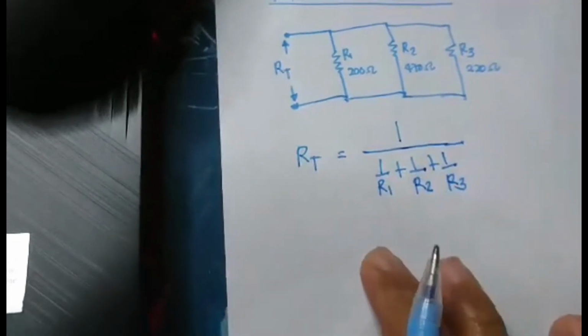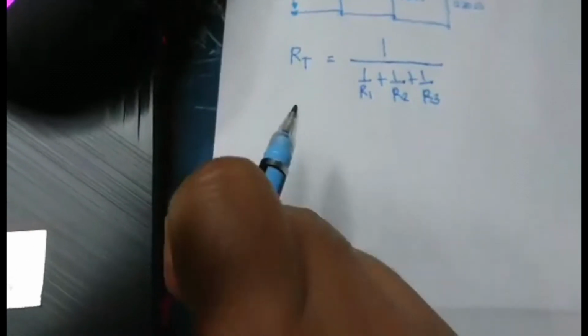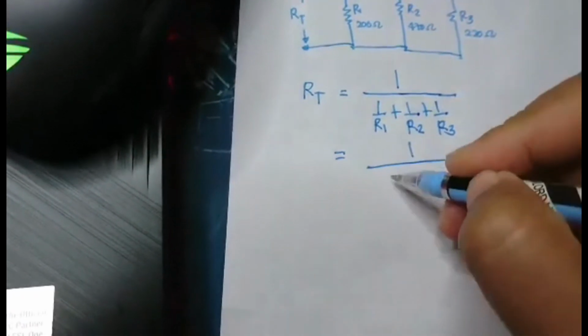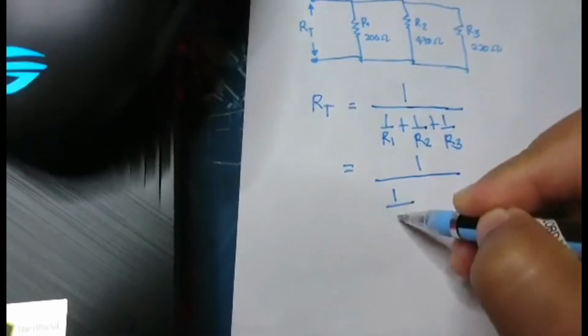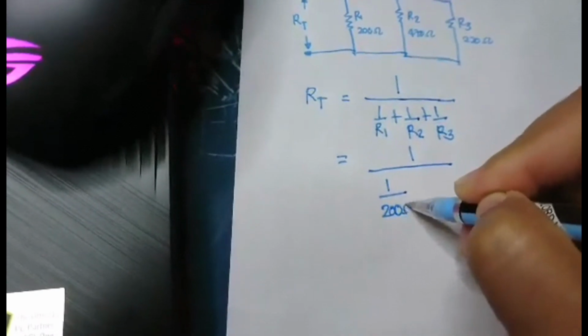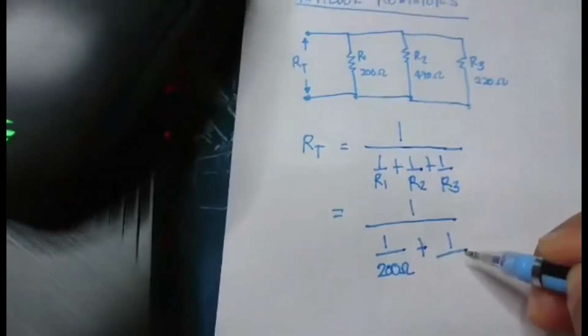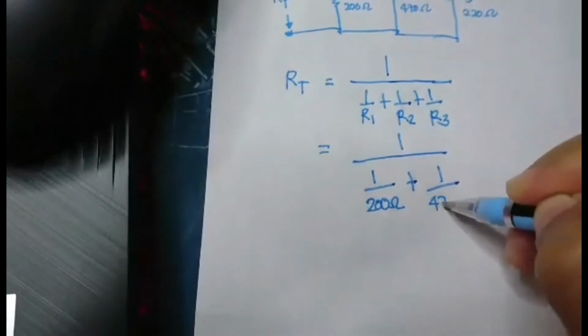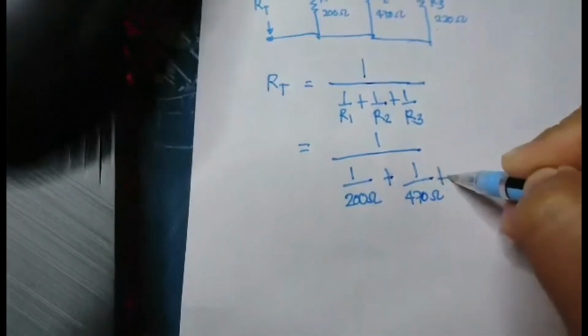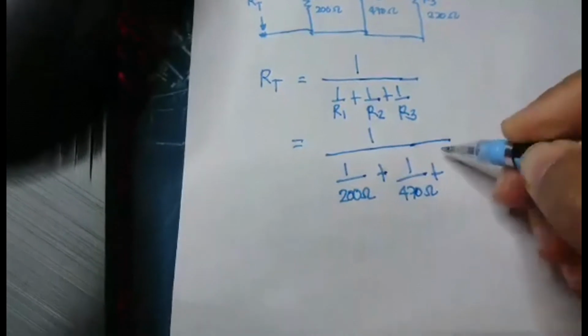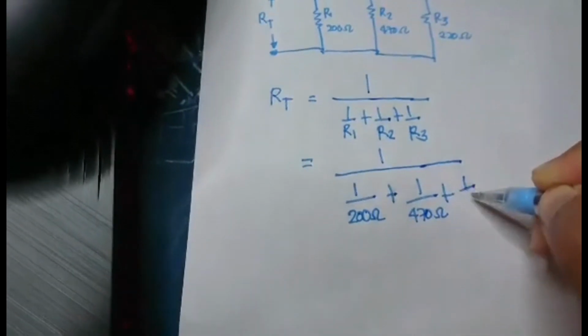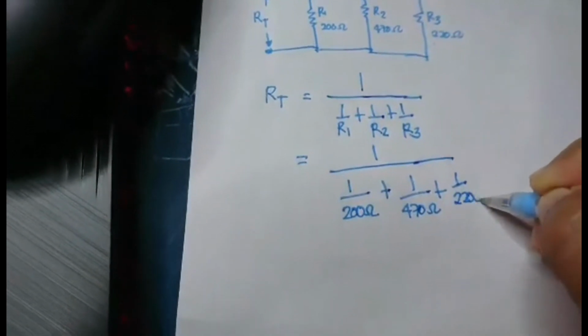Okay, let's substitute. What is R1? We have 200 ohms plus 1 over R2 is 470 ohms plus 1 over R3 is 220 ohms.